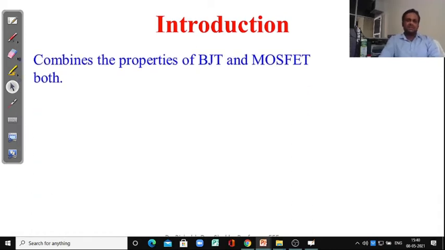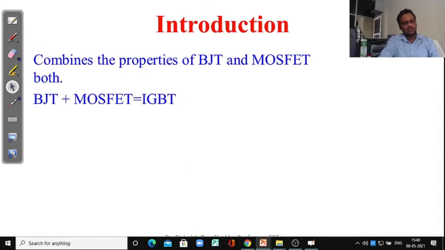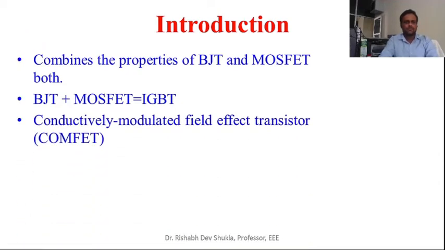What is IGBT? IGBT is the insulated gate bipolar transistor. It combines the properties of BJT and MOSFET. So we can consider IGBT as BJT plus MOSFET. It is also called the conductivity modulated field effect transistor, COMFET.